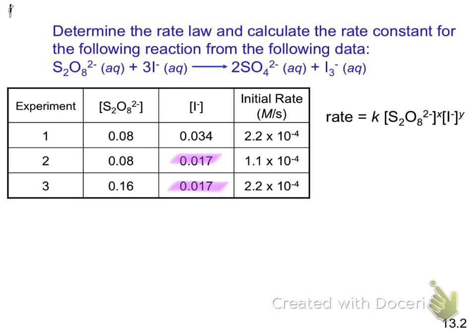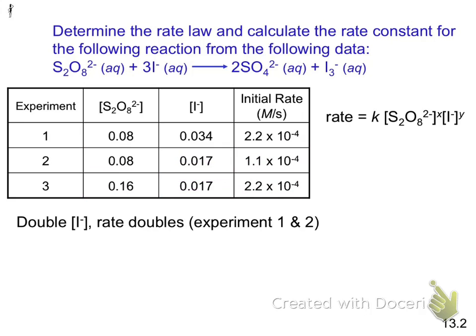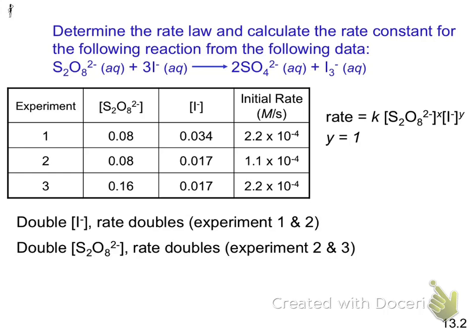When we keep I constant, we double S2O8. And what happens to our rate? It doubles. So again, another first order. So double I negative, the rate doubles from experiment 1 and 2. So y equals 1. If we double S2O8, the rate doubles from experiment 2 and 3. We've got x equals 1. So we've got 1 and 1 in place of the x and the y.